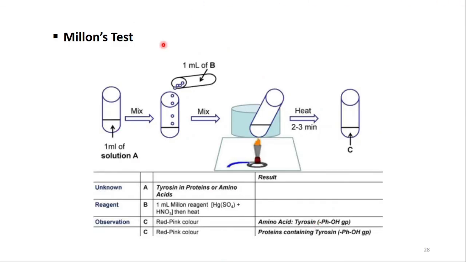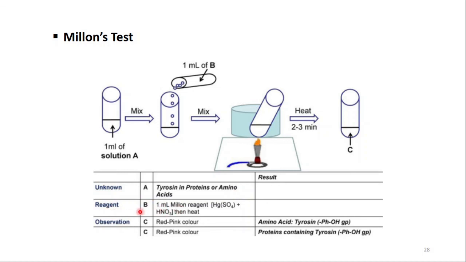And then going further, you have Millon's test. Millon's test is just the addition of Millon's reagent, then you heat it. It is answered only by compounds having tyrosine. Note this point: it is answered by tyrosine, in proteins or amino acids.